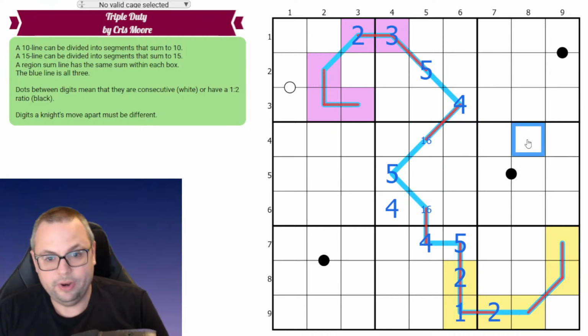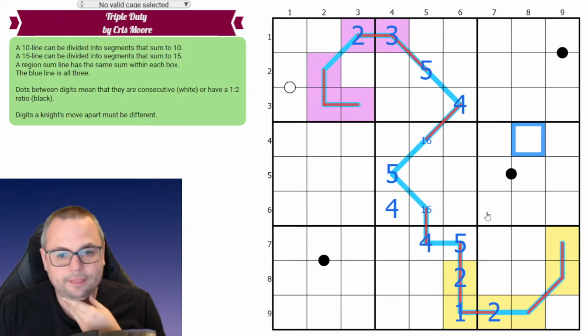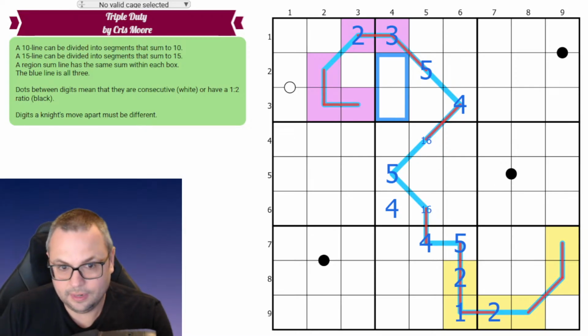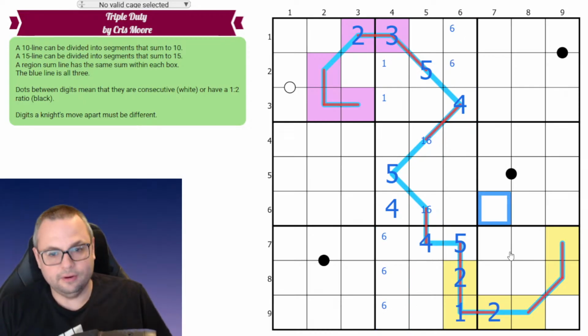I'm not sure I know which direction it goes, but I know that at least. And so I know that there's a 1 up here. And I know that there is a 6 over here. So there's a 6 up here.